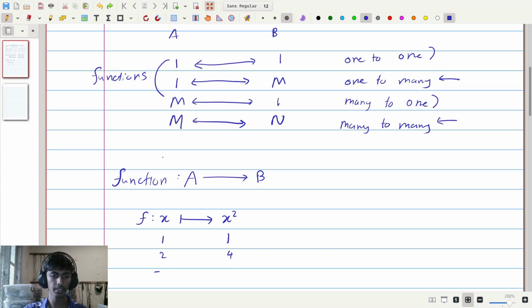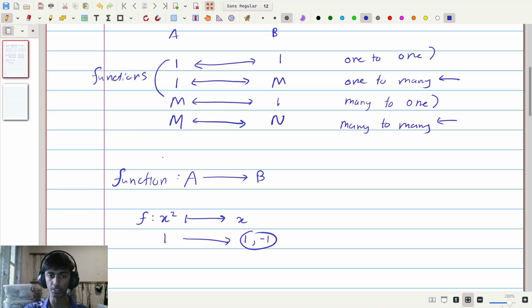So something like, if I said that this function f maps x squared onto x, then we would have a little bit of an issue, because 1 would map then to both 1 and negative 1. Sorry, I actually wrote that the wrong way. I wrote negative 1 first. Both 1 and negative 1, which is an issue.